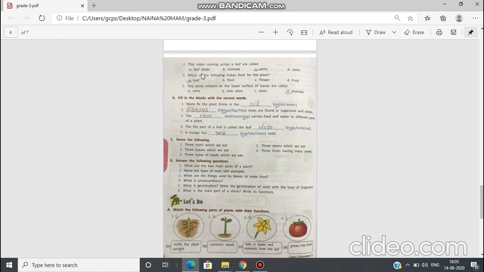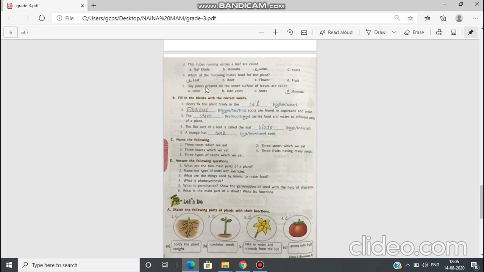Tell me the correct answer. Very good. Veins. Which of the following makes food for the plant? Leaf, root, flower, fruit. All of you know very well. Leaf is the correct answer.